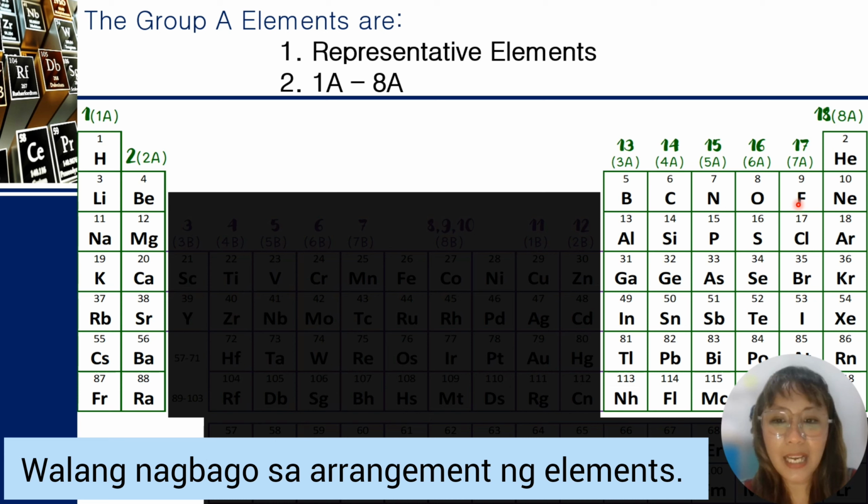So they were not rearranged or anything. They still have the same arrangement. It is just that 1 was changed into 1A and up to 18 into 8A because it seeks to emphasize that they are group A elements and representative elements.